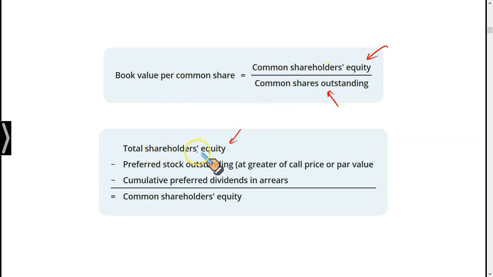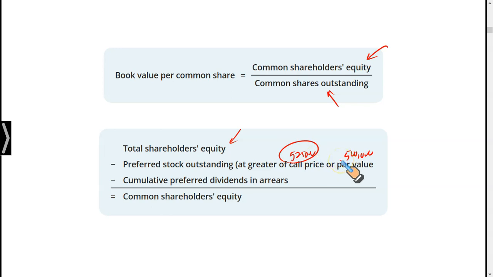So from this, we take the total shareholder equity, and from this we deduct the preferred stock outstanding at greater of call price or par value. Let's say if par value is $500,000 and the call price at which company can recall the preferred stock to be redeemed is let's say 525,000, then we take 525. We need to take the greater.